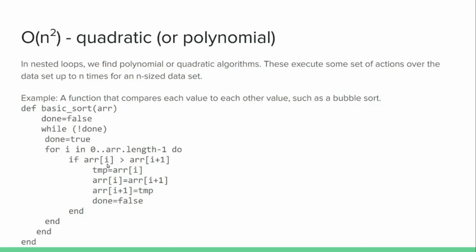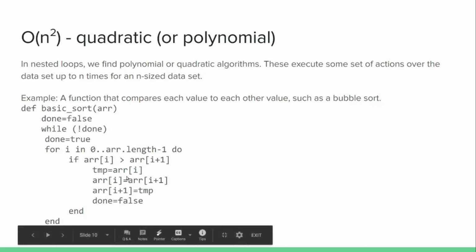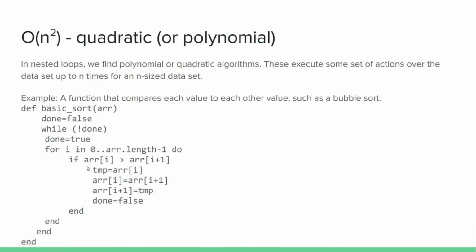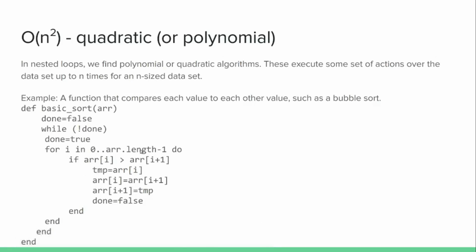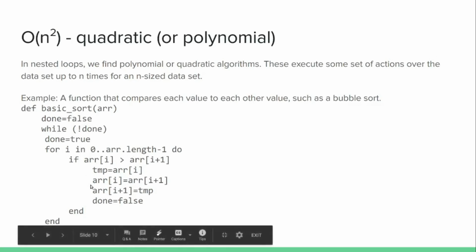If it is, swap them. So each iteration of the inner loop looks at each element of the array. So that's linear complexity on this inner loop. You can see we go from 0 to the length of the array minus 1. So this inner loop is obviously executing n times if our length is n.